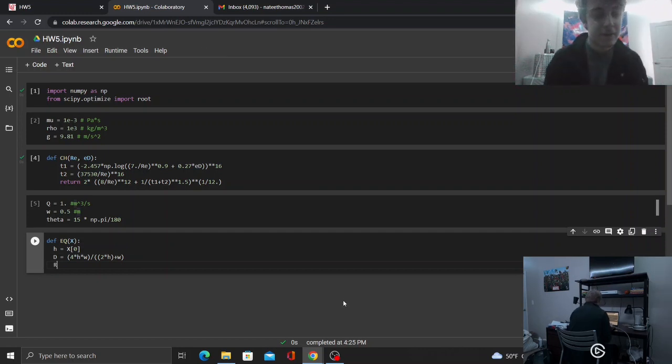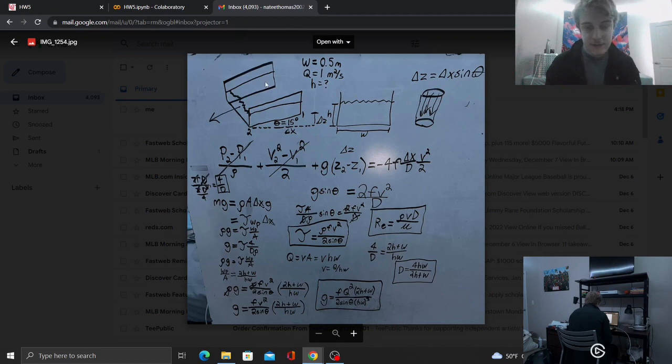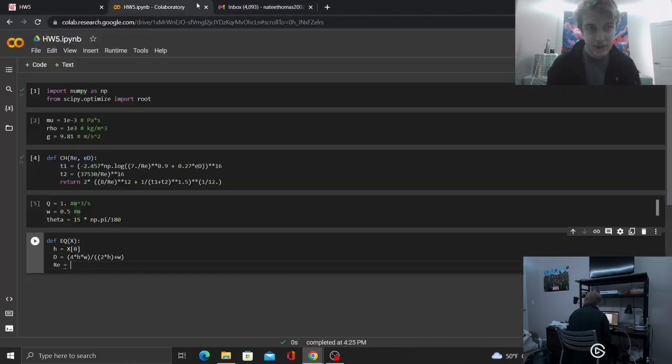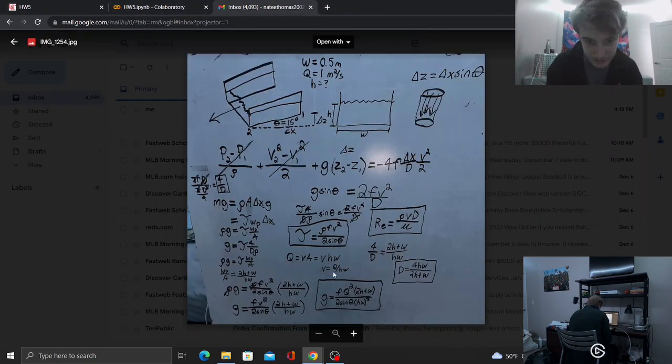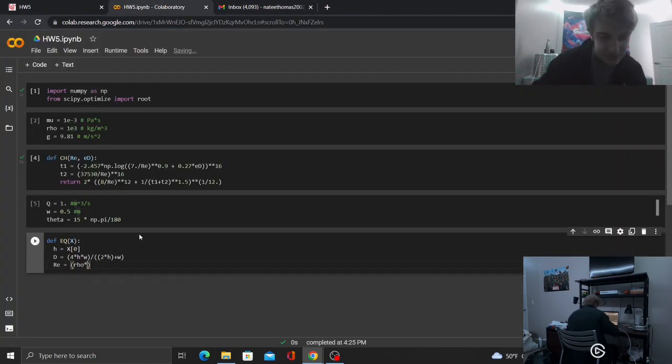And then now we can define our Reynolds number. And we also have that equation here where we have rho times V, and we're going to input V as this here, Q over HW.